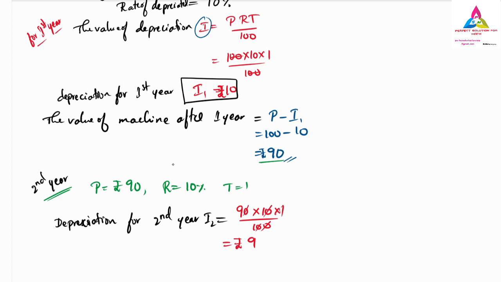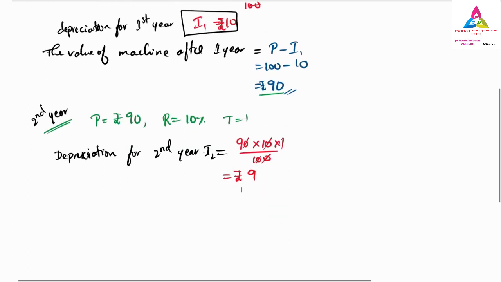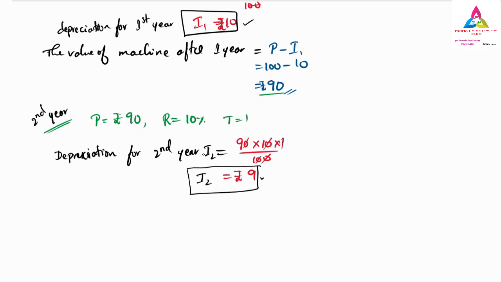So the depreciation for the second year is 9 rupees. This is also very important, because they told you to find the depreciation. So I will write down this I2, the depreciation for the second year. So I1 we found for the first year, and I2 for the second year, because they have told you to find the total depreciation, not only the first or second or third, but the total.